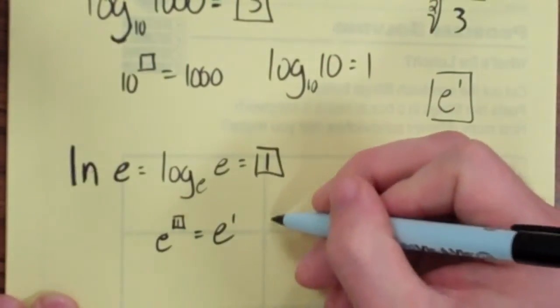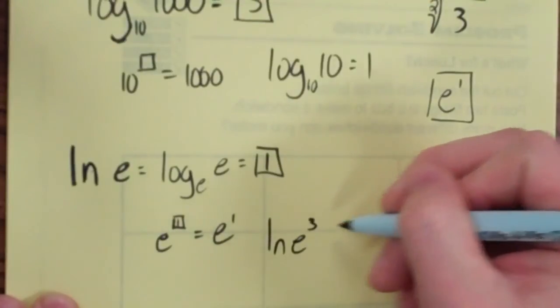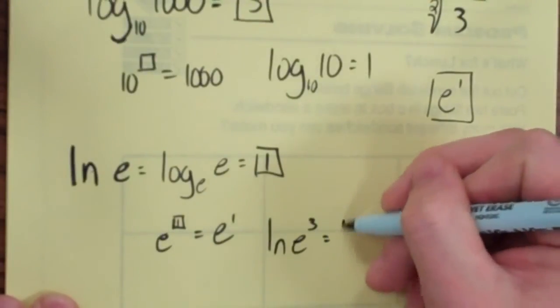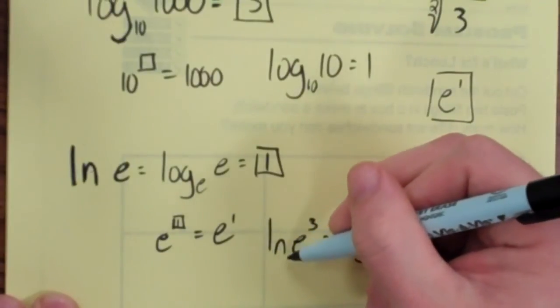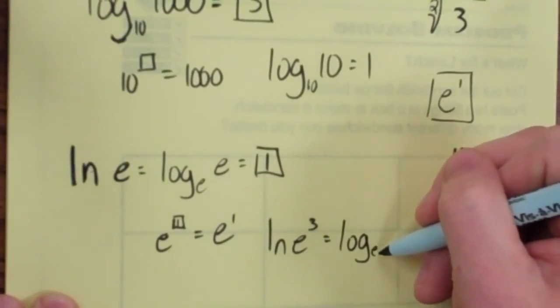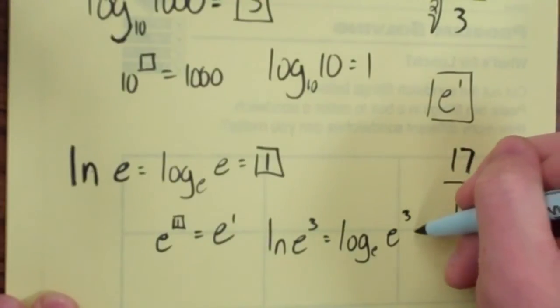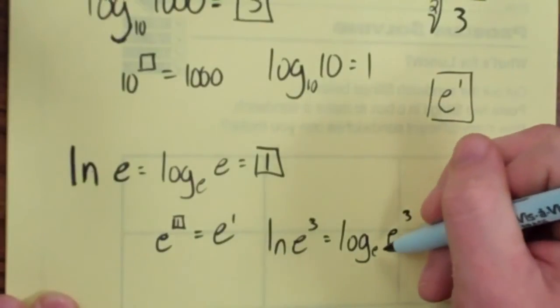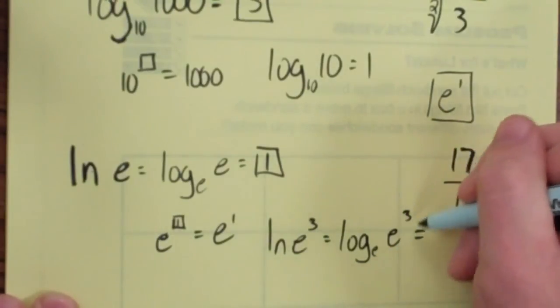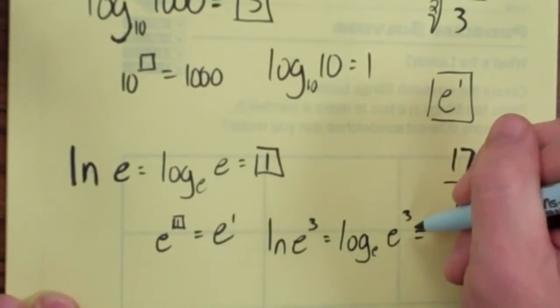If I write the natural log of e to the third, well, the base that I am conveying here by writing L and then N is log base e. What is log base e of e to the third? What's the power? e to the what is e to the third? What power do I raise e to get e to the third?